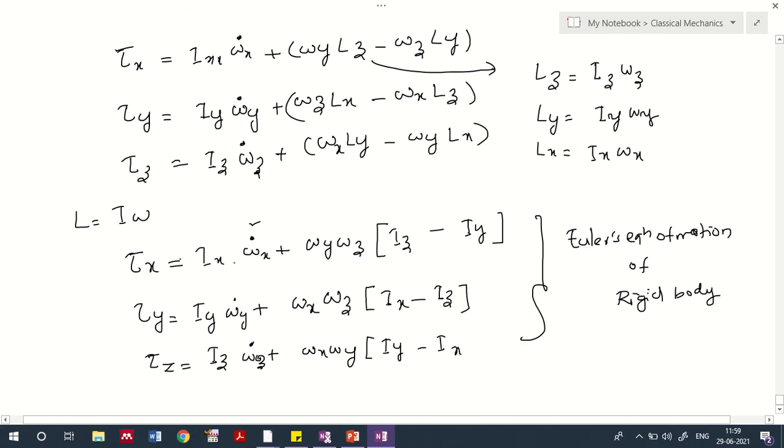Now if you read the definition once again, you'll get to know that Euler's rotation equations are describing a quasi-linear first order differential equation of a rotating rigid body. Okay, that's clear. So Euler's equation of motion of a rigid body we represented in terms of torque.